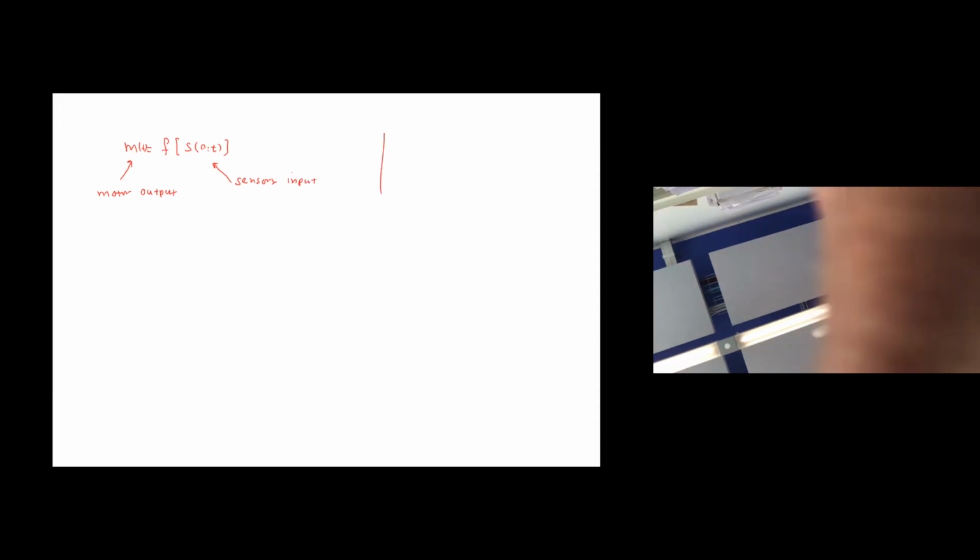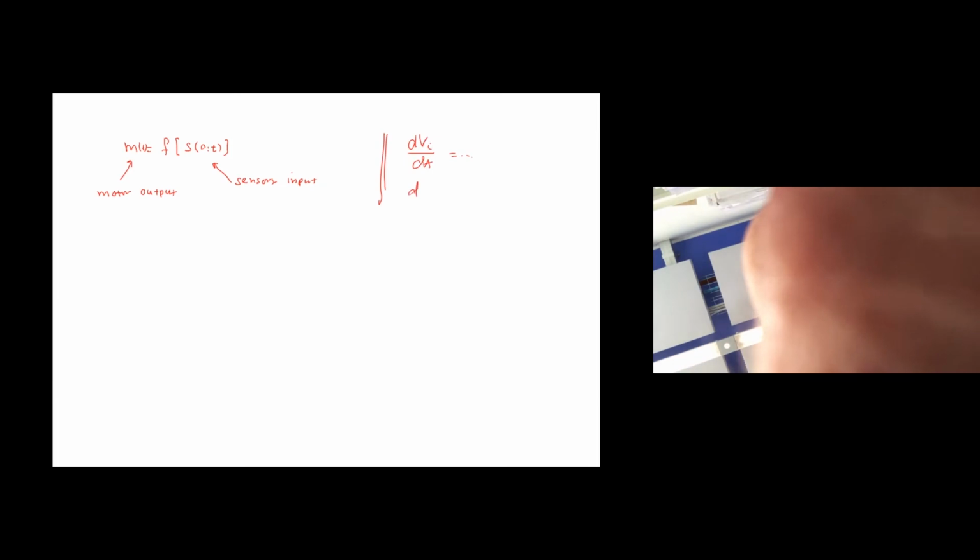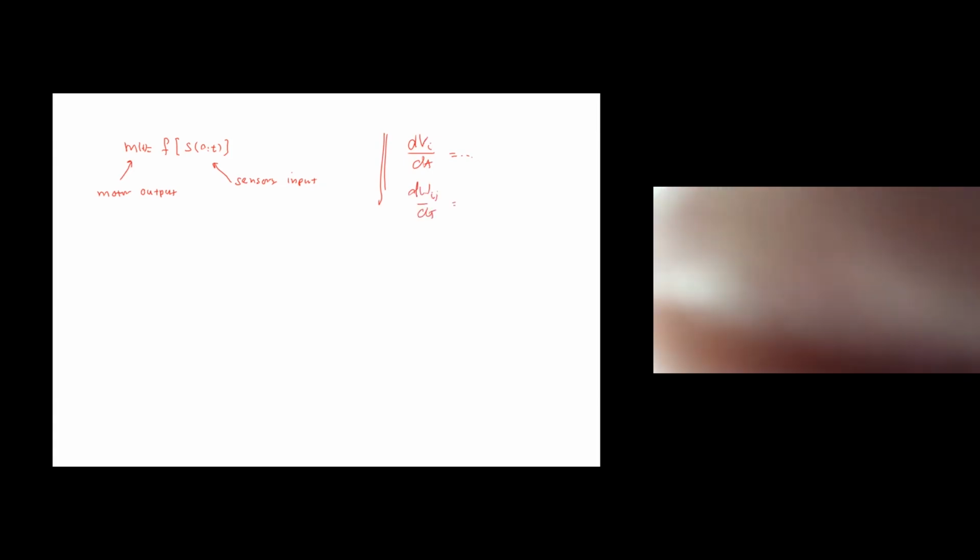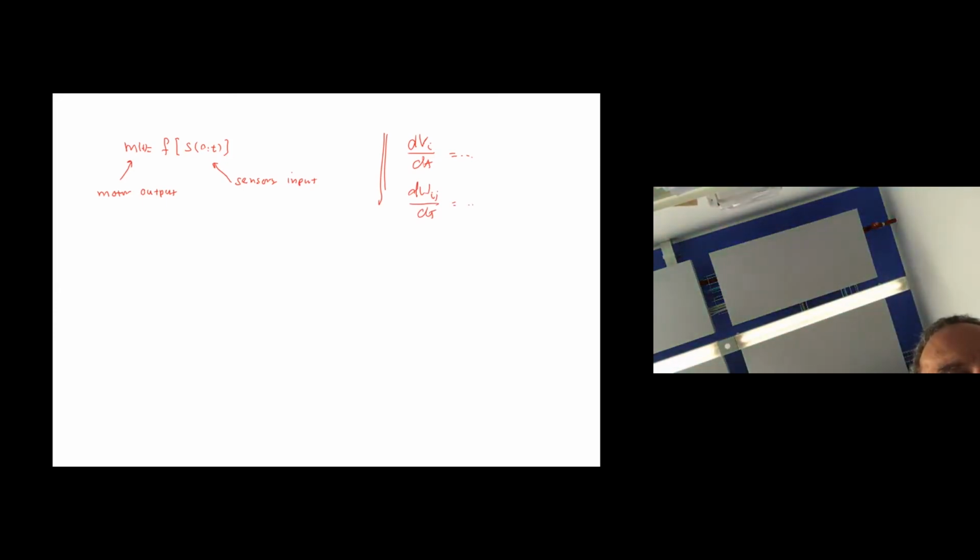And on the other side, we also have dv_i/dt equals, and dw_ij/dt. So these are the equations that we have, and we want to somehow link them.